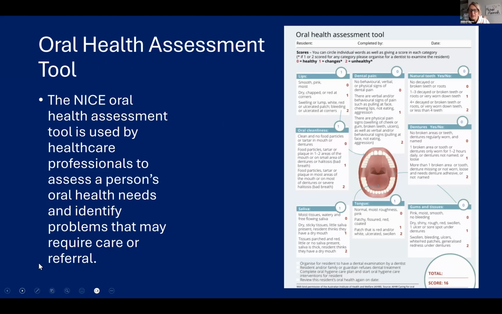So the first part of the station is you need to work out the oral health assessment score. You'll be given a copy of the NICE oral health assessment tool, and it will be completed for you. The scoring will be done in each of the components, and you'll just need to add up the score and put the total at the bottom.